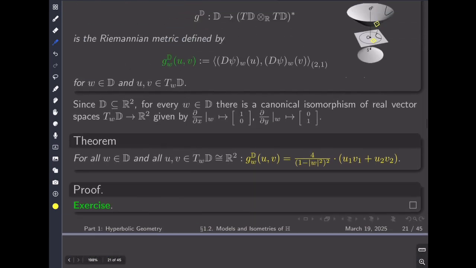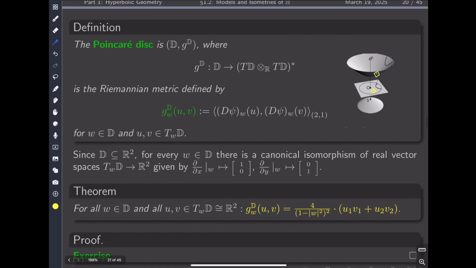Sorry, an ignorant question. So this g_W^D is the pullback of the inner products in the hyperboloid? Yes. So if you actually want a metric to measure distance between points in the disk, you need to take the norm of the difference. Yes, the norm of the difference for tangent vectors.